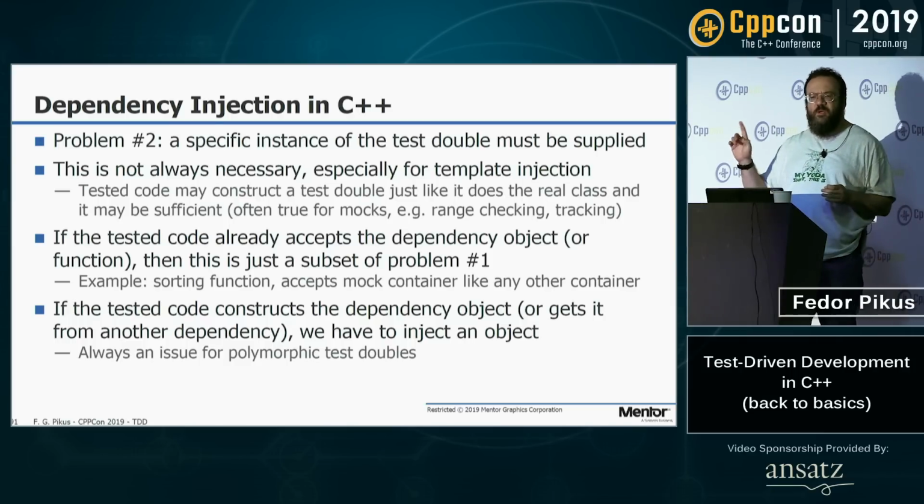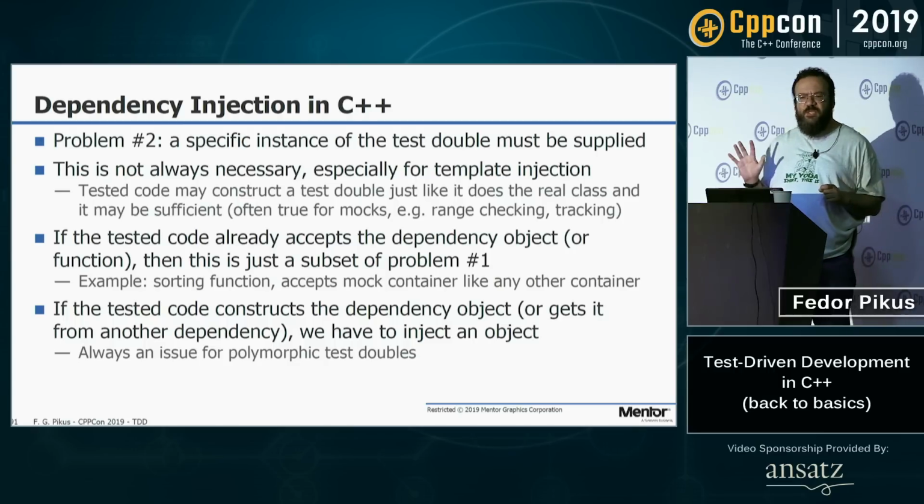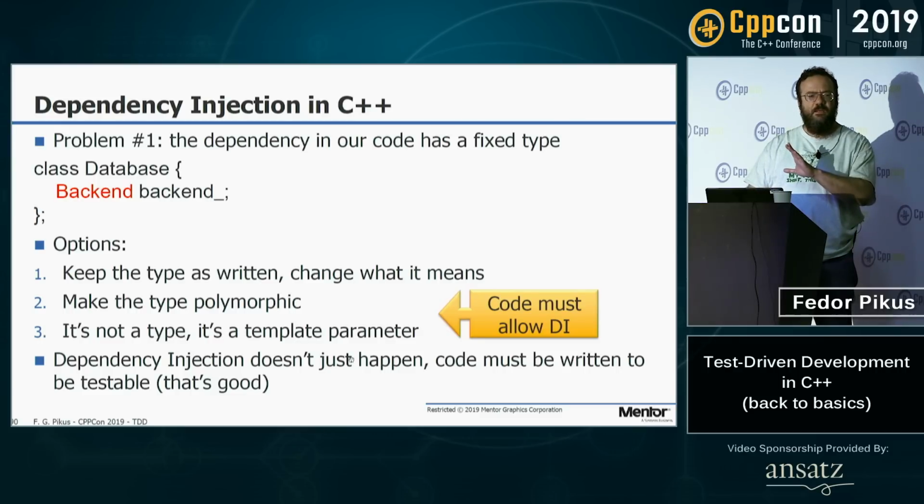This is always the issue if you decide to use runtime polymorphism, because then this backend is the base class. If at runtime you want an instance of a different type, somebody else who knows what the real type should be just for testing has to construct that instance, and then somehow it has to get in.